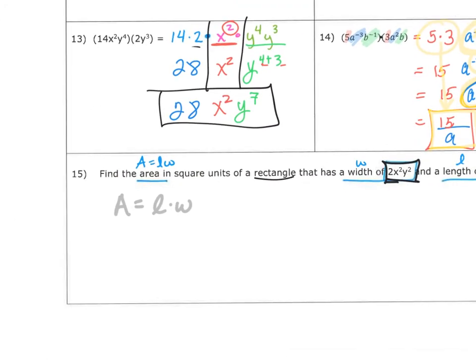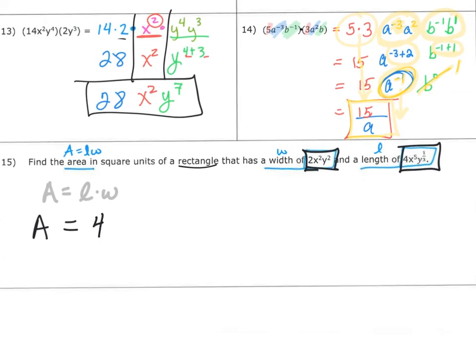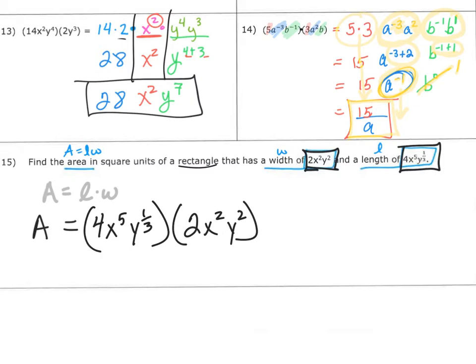So that means the area equals 4x to the 5th y to the 1/3 times the width, which is 2x squared y squared.